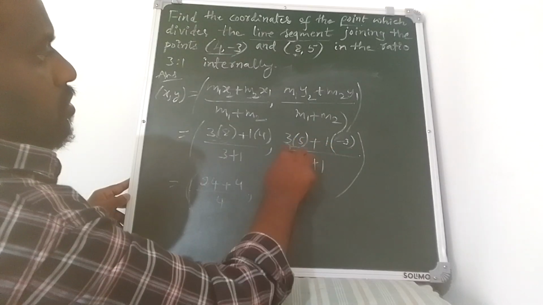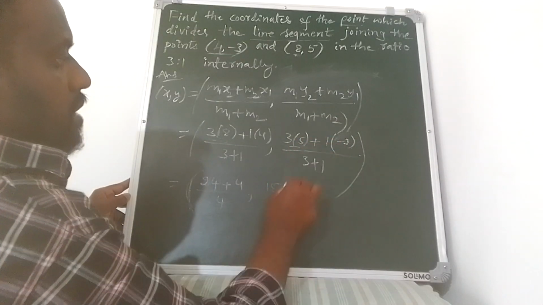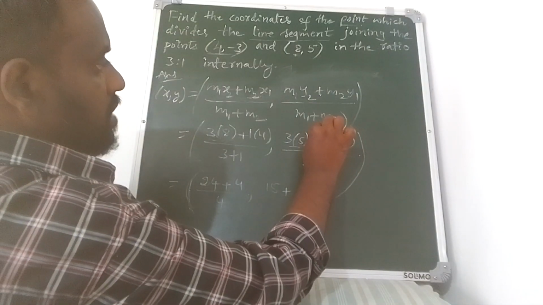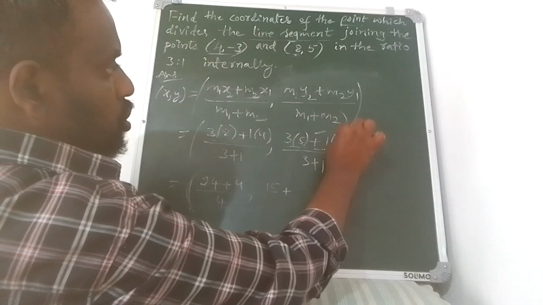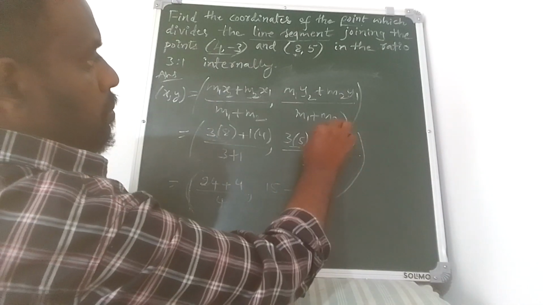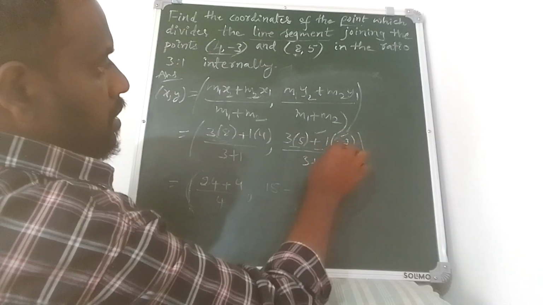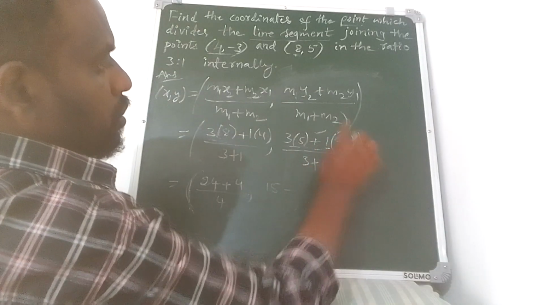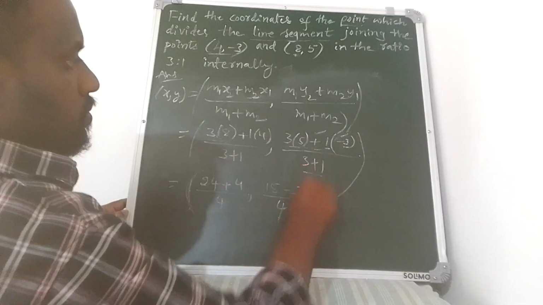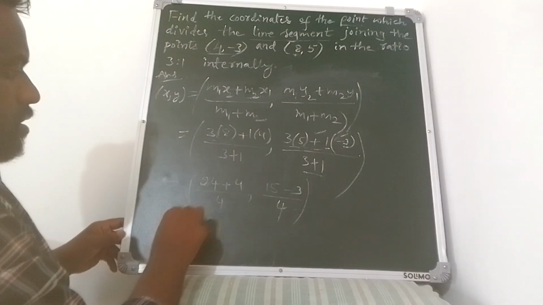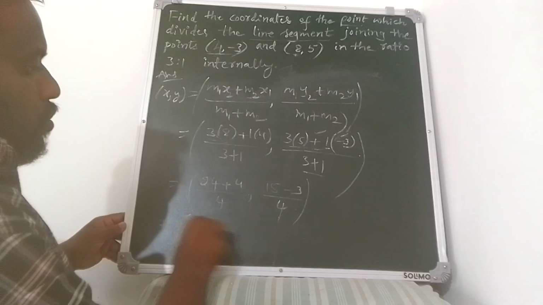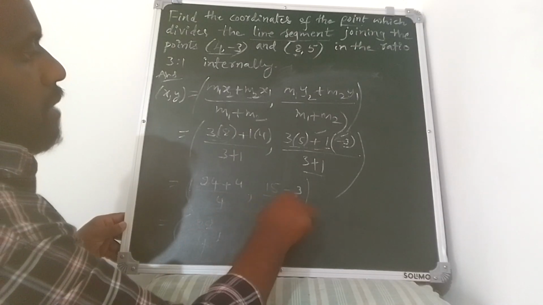Next, 3 into 5, 15, plus 1 into -3. Consider the signs also: plus into minus is minus, and 1 into 3 is 3. All divided by 3 plus 1, 4. Next, simplification: 24 plus 4 is 28, over 4, comma, 15 minus 3.